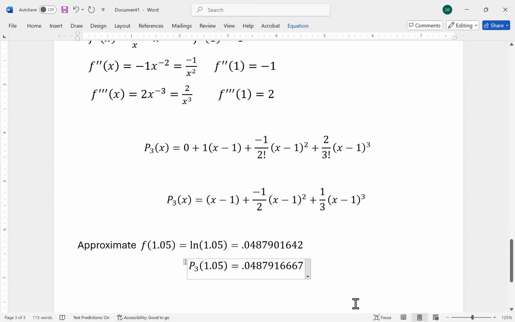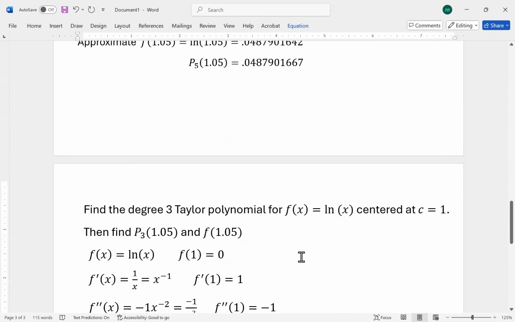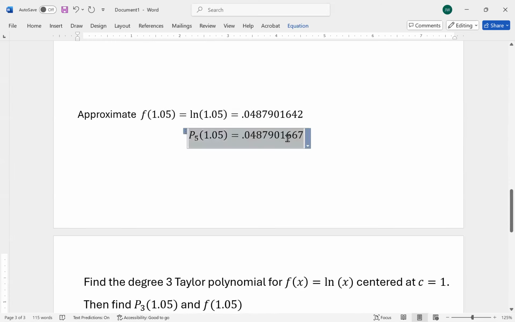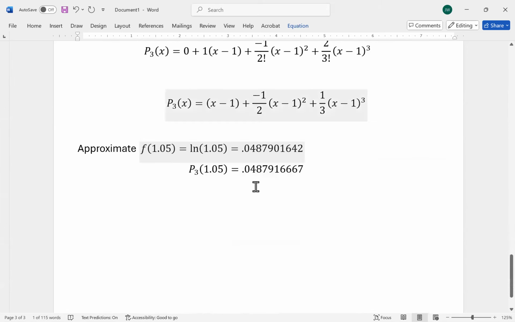But there you go. Notice that when we did this with degree 5, let me copy this one and compare. When we did this with degree 5, our approximations were just slightly better than when we did this with degree 3.